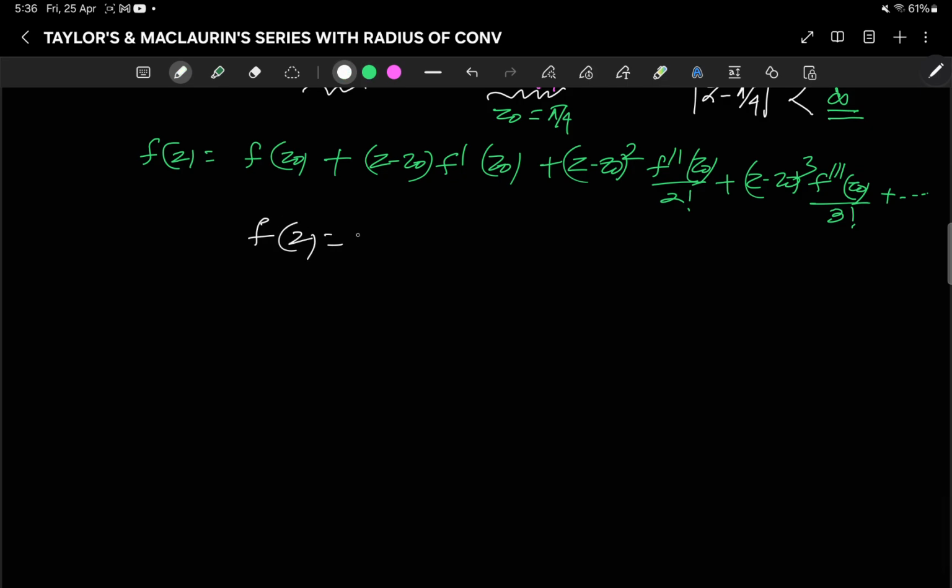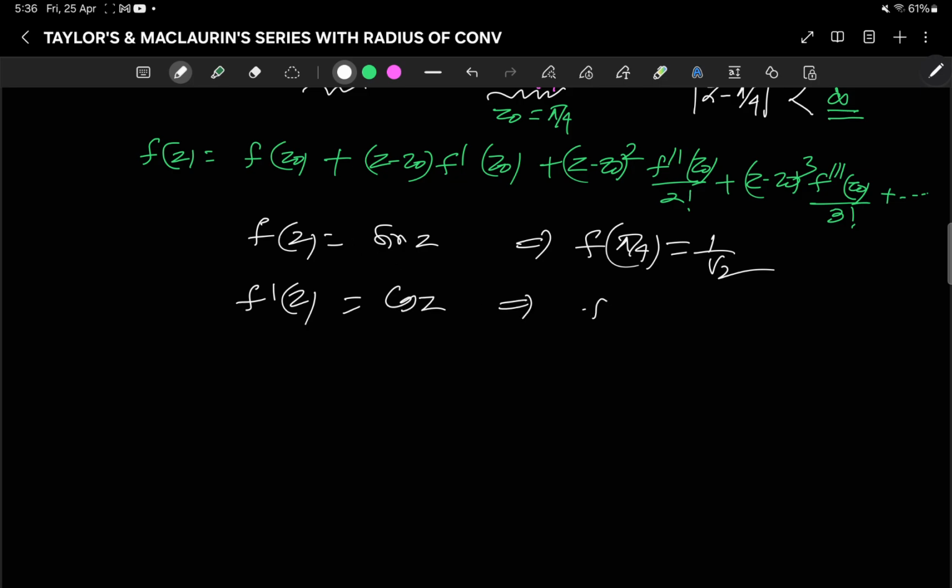So f(z) is equal to sin z. So that means my f of pi by 4 is sin pi by 4, which is 1 by root 2, and my f'(z) is the derivative of sin z, which is cos z. So my f'(pi by 4) will be cos pi by 4, which is also 1 by root 2.